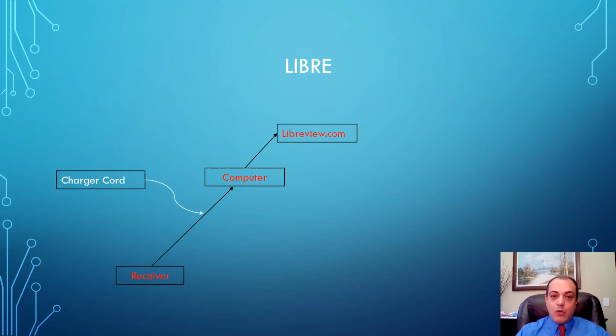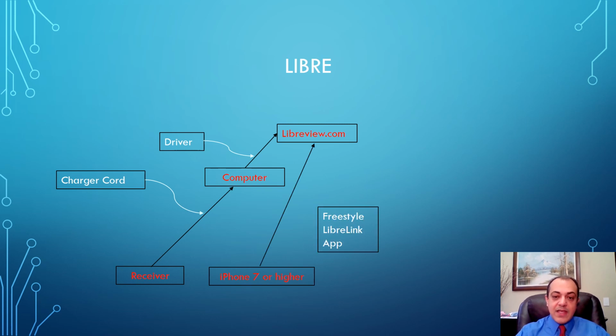From the computer, you will always need some form of a driver to get it to libreview.com, and you can also use the iPhone, which has to be 7 or higher. By the way, older generations than iPhone 6, or the iPhone 6 itself, cannot manage the app, but iPhone 7 or higher is able to manage that Freestyle Libre Link app, and then you can upload the results to the cloud.